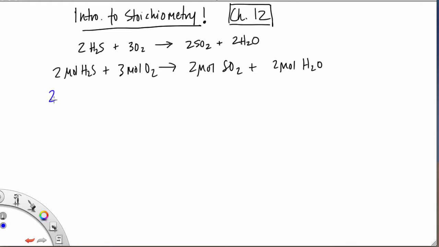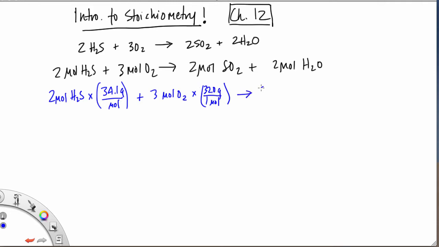So I would have 2 moles of H2S times 34.1 grams in a mole of H2S plus 3 moles of oxygen times 32.0 grams in 1 mole of oxygen. Remember, oxygen is diatomic here, so our molar mass is 16 times 2.